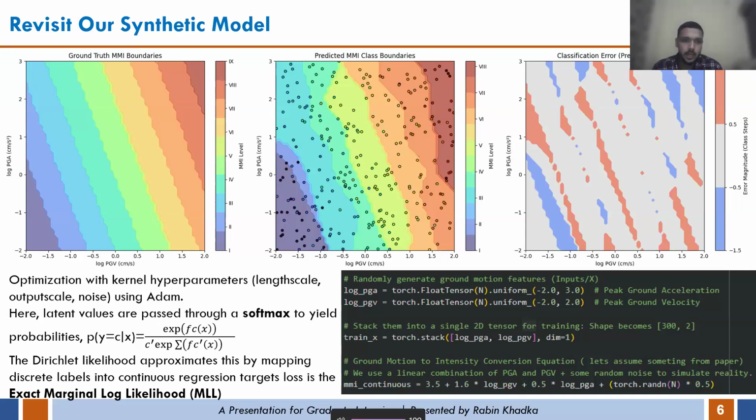MMI scale, its full form is Modified Mercalli Intensity. Whenever an earthquake happens and the ground shakes, a particular location experiences shaking and destruction.